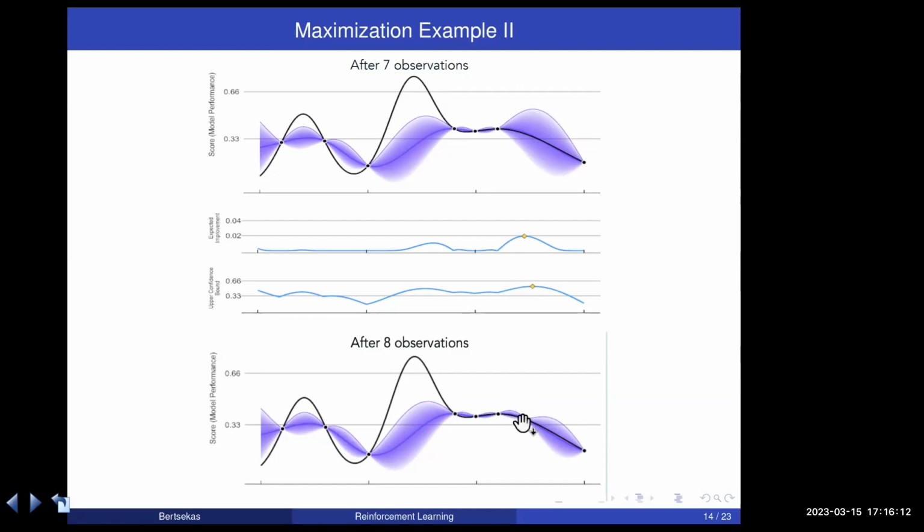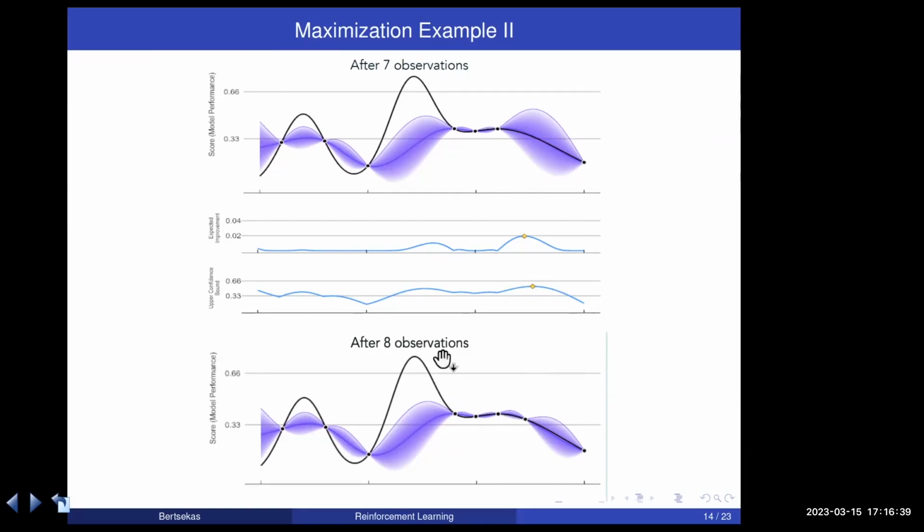Now these figures are not quite aligned here, but the 8th point is right over here. Okay, it's this point here. Now we have wiped out the variation around here, and we have a lot of exploration potential over here. So let's see what the algorithm will do.